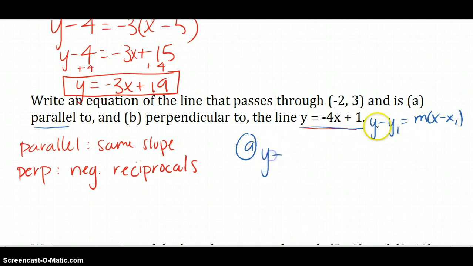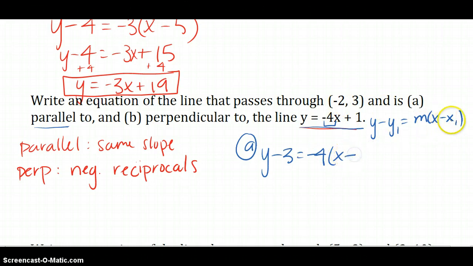We have y minus, our y point is 3. Our slope, we're doing A, and A says if we're parallel to this equation, so our slope is -4, because the slope is always in front of your variable. Then we have x minus our x term, which is -2. Now be careful with your signs.